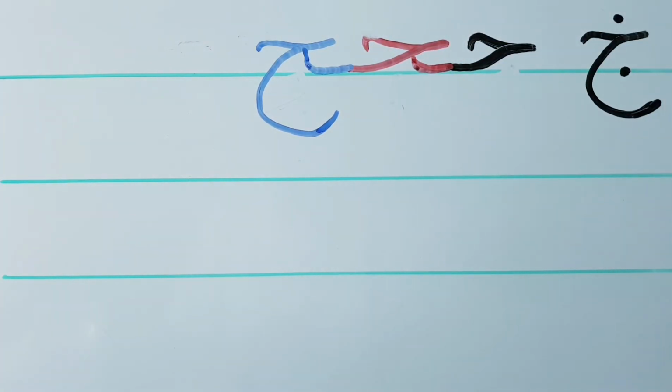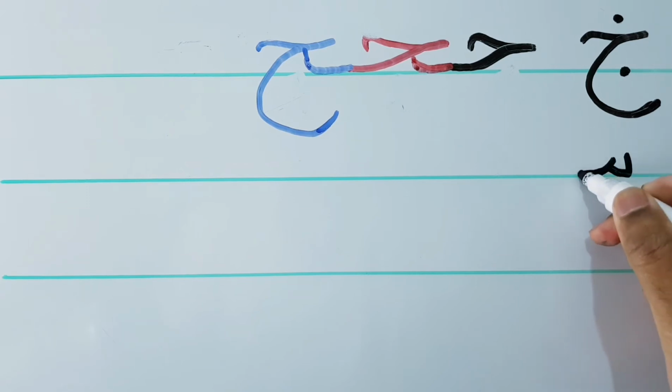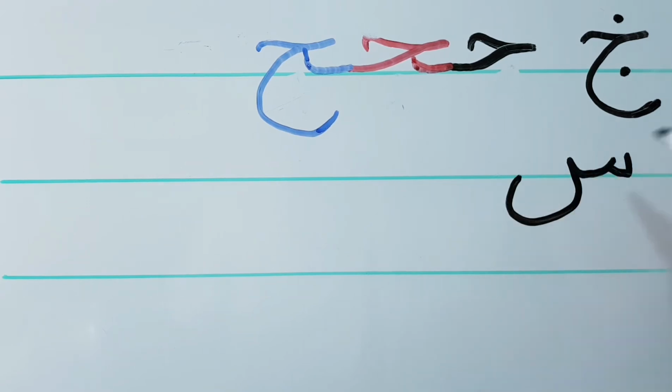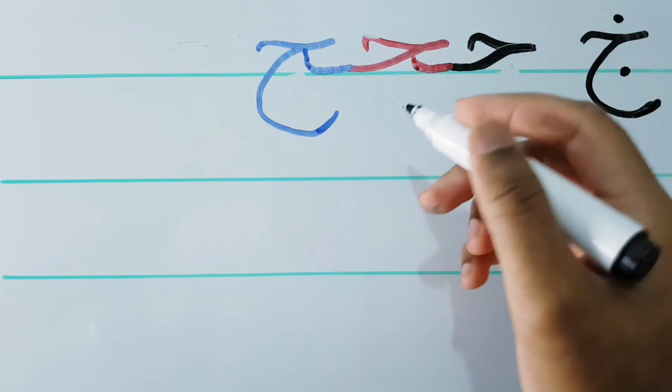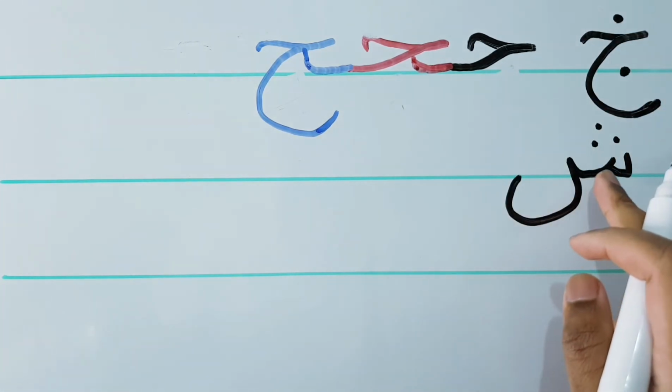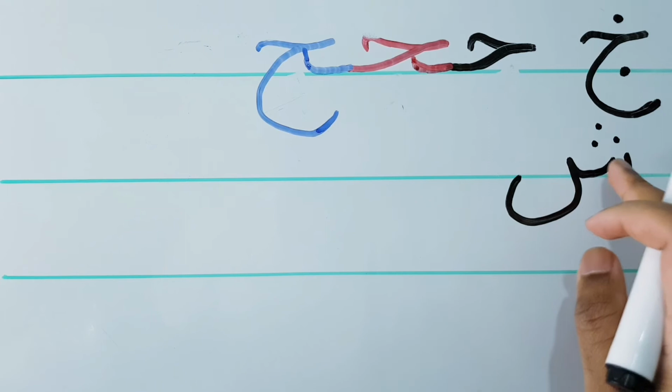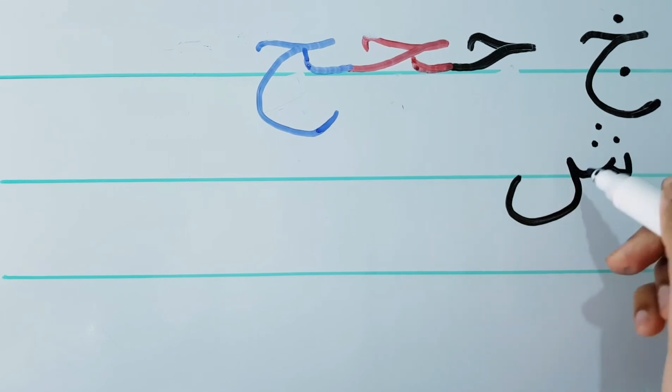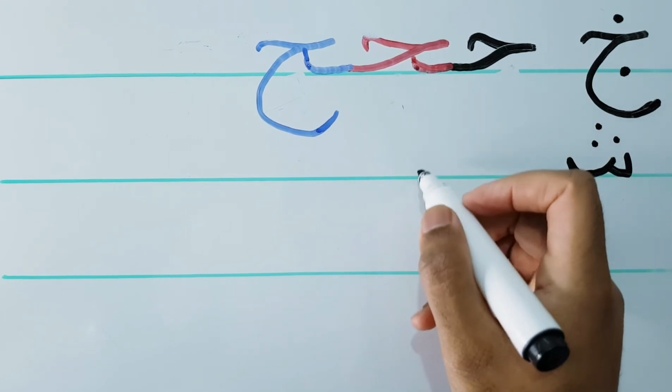The next form is this. And this form represents two letters, Seen and Sheen. How do Seen and Sheen look when they're in the beginning of the word? When they're at the beginning of the word, we just take this part, and do an extended line.